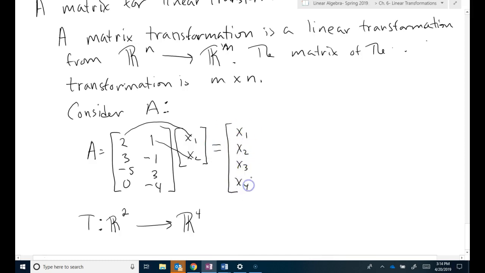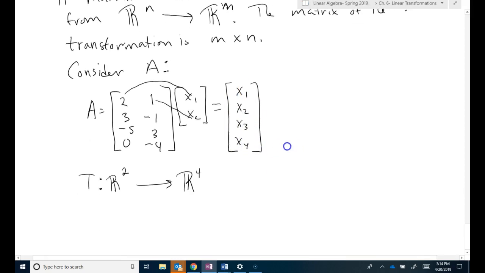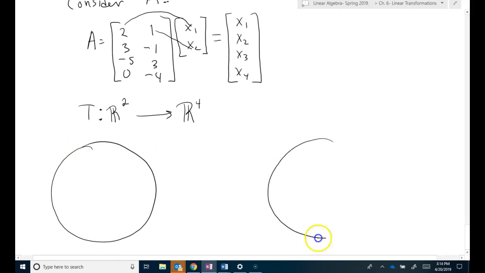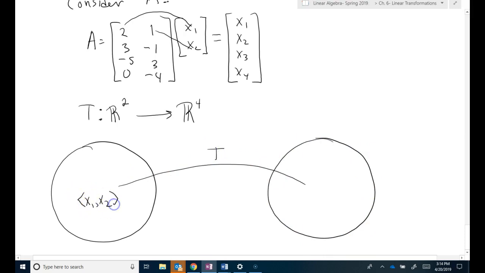We're going to end up with 4 values there. So my mapping is going to look like this. My domain is R2, my codomain is R4, and then we have x1, x2, x3, x4 over here. That's how this matrix transformation works.